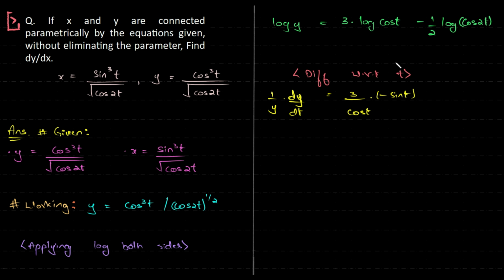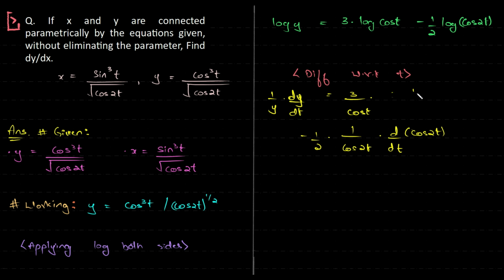Again, these are a bunch of chain rules. Minus half of differentiation of log of anything is 1 by that expression, and then I need to differentiate cos 2t with respect to t, and we also have 2t inside it, which has to be differentiated.